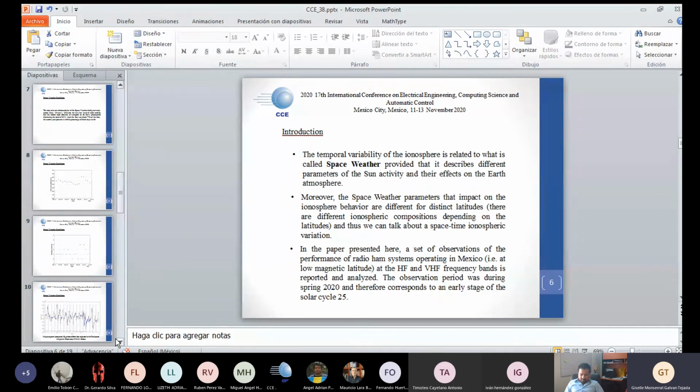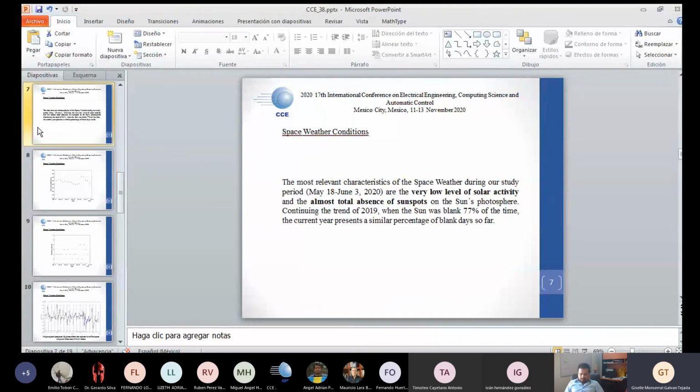In this paper, we present a set of observations of the performance of radio ham systems operated in Mexico in these different frequency bands, which are reported and analyzed. The observation period was during spring 2020, and therefore corresponds to an early stage of solar cycle 25.